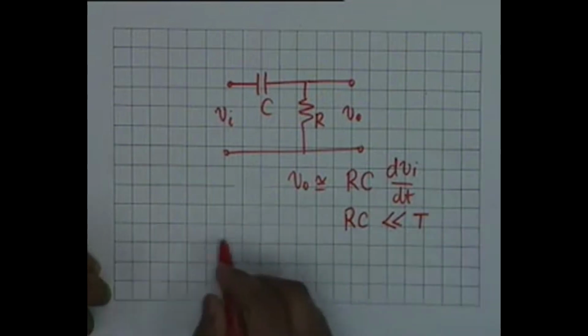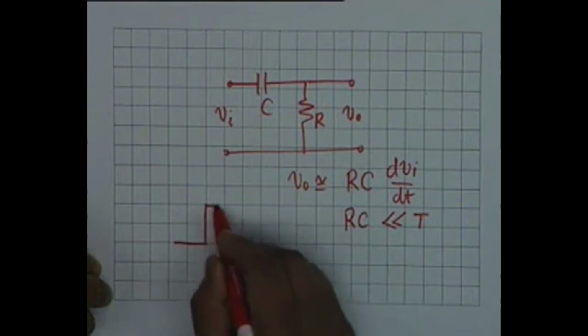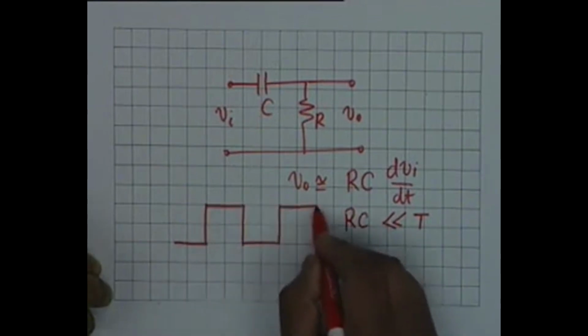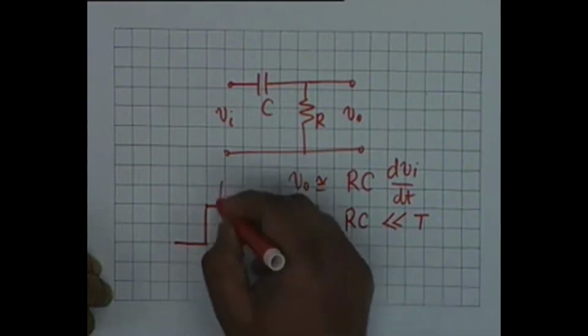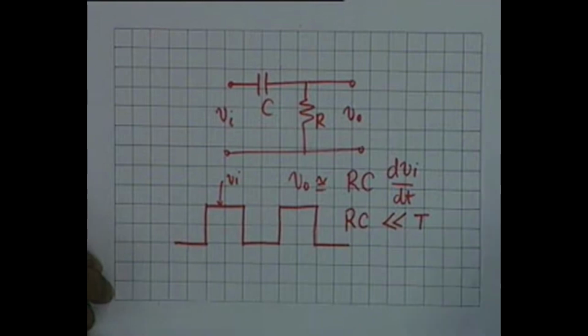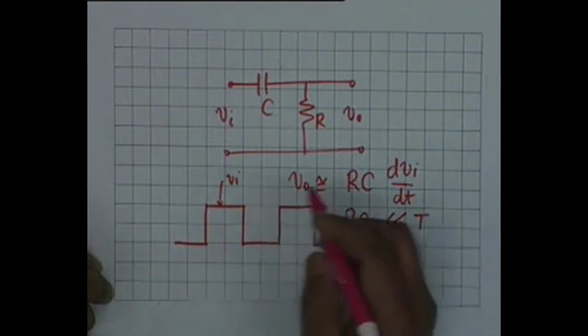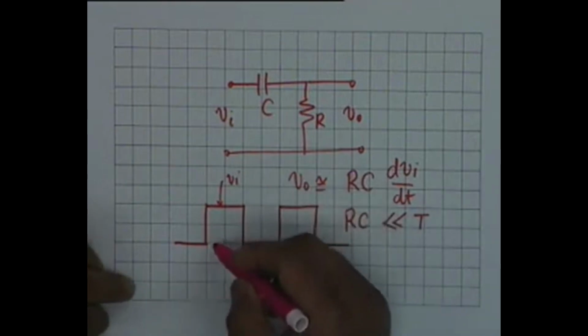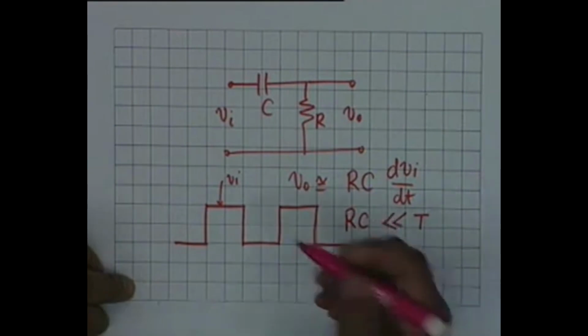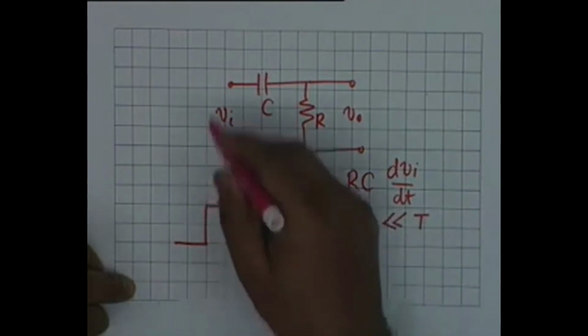where capital T denotes the time period of Vi, the input voltage. And I said that if the input voltage is a rectangular wave like this, if this is Vi, then V0 will be the differentiated form, and if it was ideal differentiation, then the slope should have been infinity.